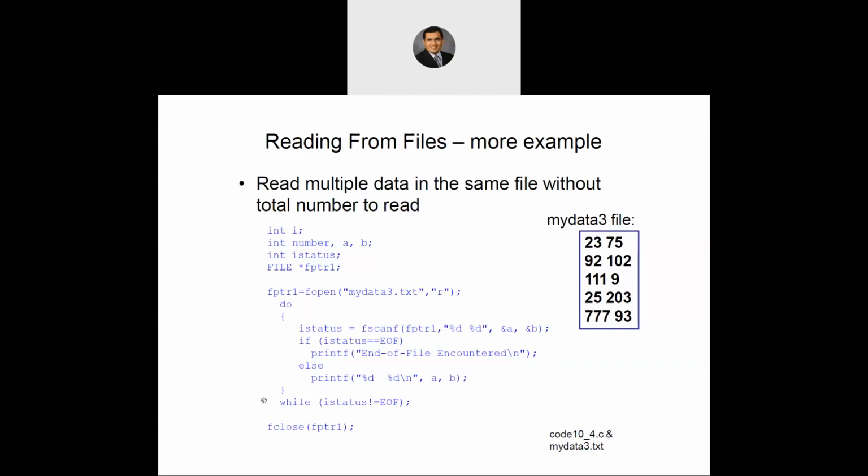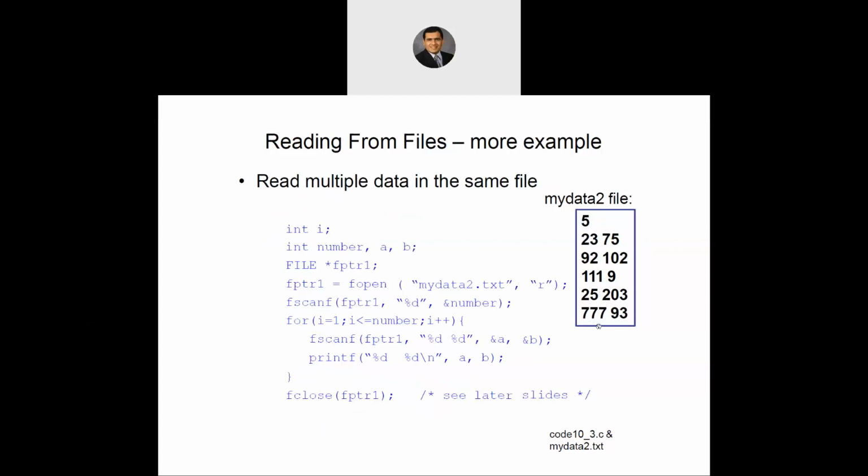If this is true, then do another reading. If this is false, then get out of the loop. So the moment it encounters an EOF, that means I status is equal to EOF, then it gets out of the loop and closes the file. So you can either do it in this way or in this way.